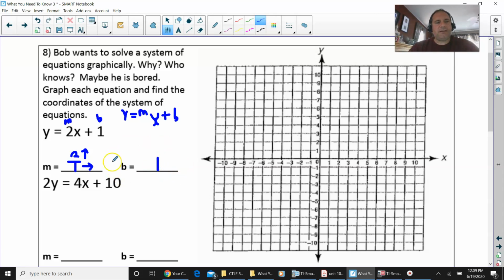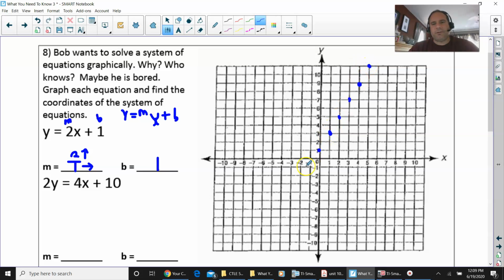We start here. This is your starting point, your y-intercept. So I'm going to put a blue dot at 1. That is the y-intercept. And I'm going to rise 2, run 1, and put another point. Rise 2, run 1, go up, and keep on going until you run out of space.